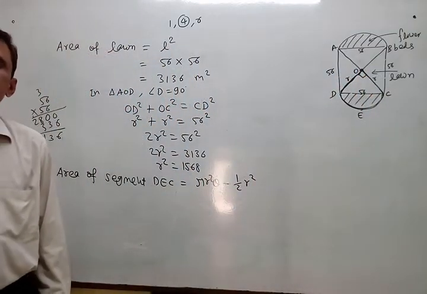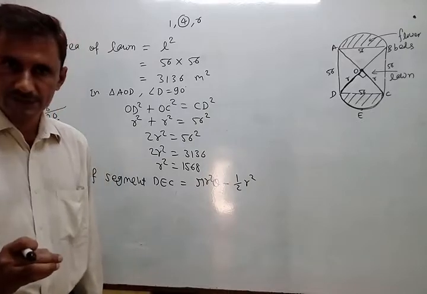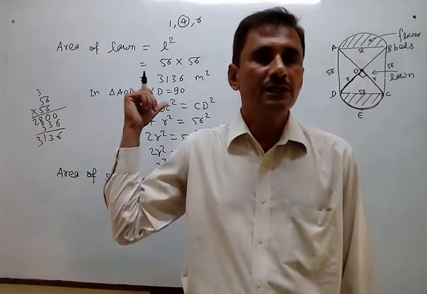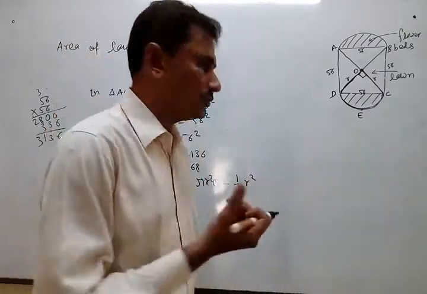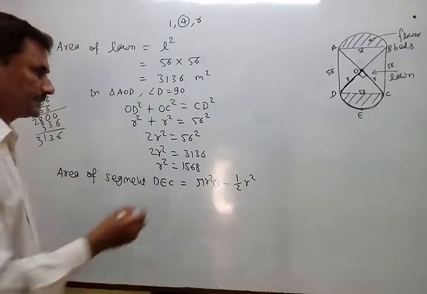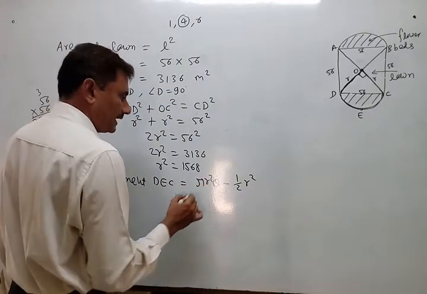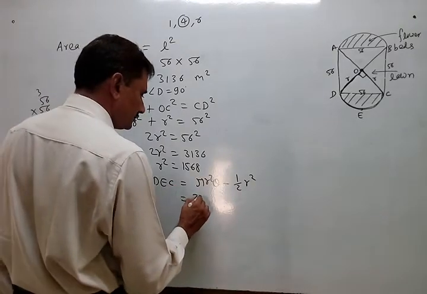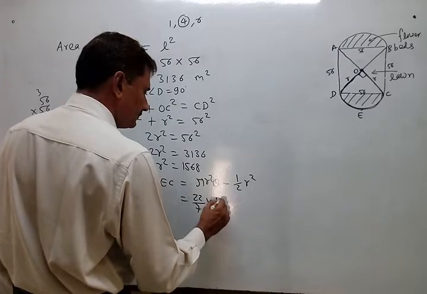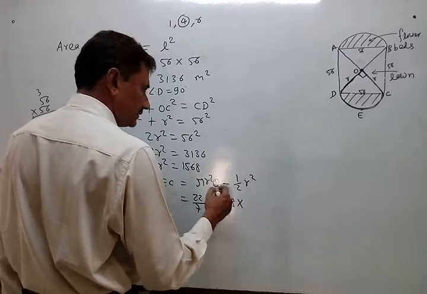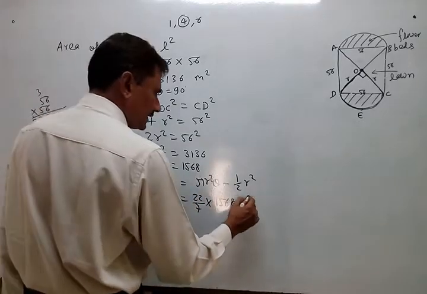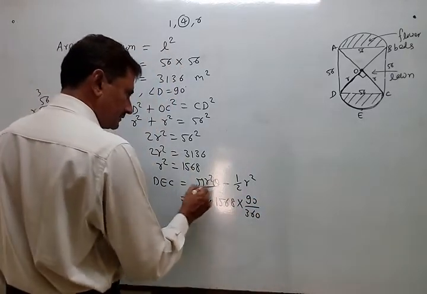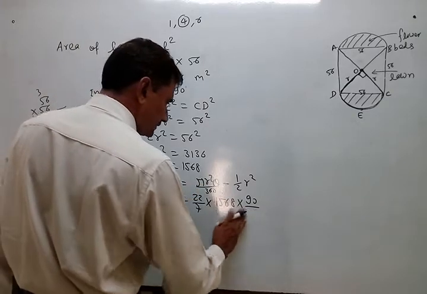Whenever an equilateral triangle is there, at that time root 3 by 4 r square. Otherwise, if 120 degrees is there, then as we solved yesterday, you have to use trigonometry there. Now pi is not given, so we can use 22 by 7. So 22 by 7 into r square, which we already found, and this is 90. It is actually a quadrant, so 90 upon 360. So write this way.